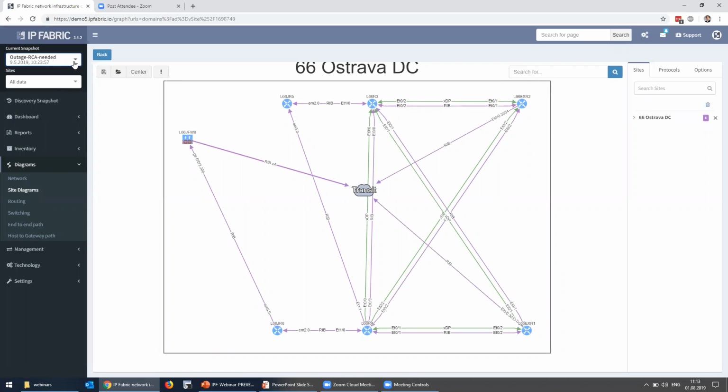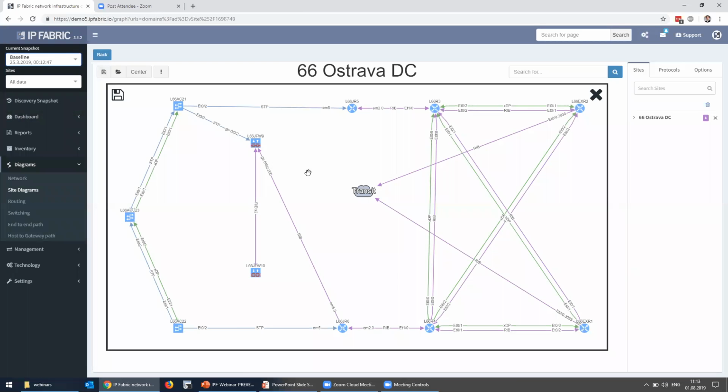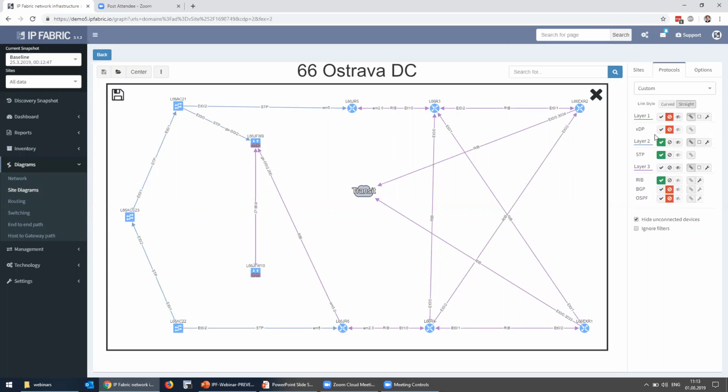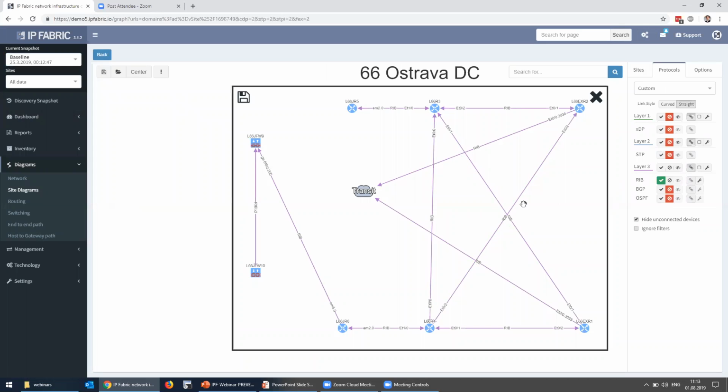We can see that during the outage there was definitely a difference in what devices are reachable at the site, but we can also look at the baseline site diagram and, ignoring the protocols that do not establish connectivity, so turning off layer 1, maybe even layer 2, and just looking at the layer 3 connectivity, we can see that from the routing point of view, the site is actually not redundant.